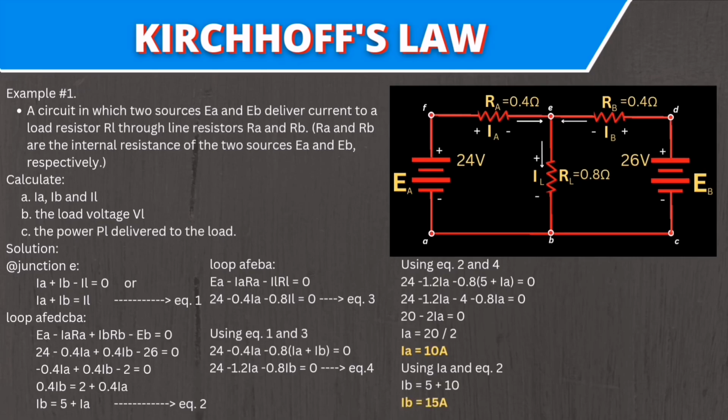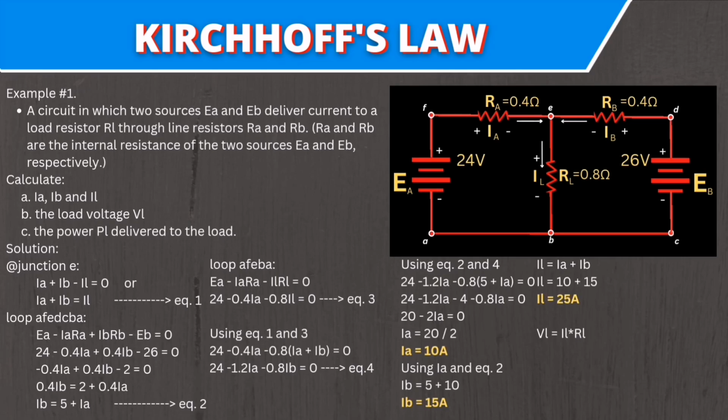So to solve for I sub L, we have I sub L is equal to I sub a plus I sub b. With the solved values, we have I sub L is equal to 10 amperes plus 15 amperes. So I sub L is equal to 25 amperes.